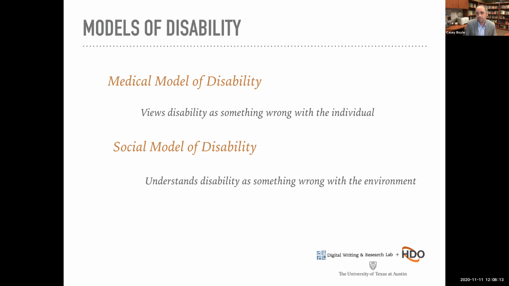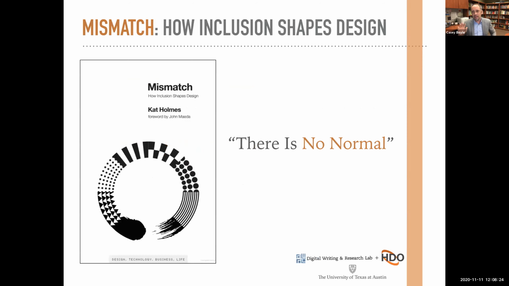And so the model of disability we want to go with in thinking about accessibility is the social model, whereas the environment is wrong. One of the examples I'll give you later, in further resources, is Kat Holmes's Mismatch. In that book, there's a really great chapter called There Is No Normal.